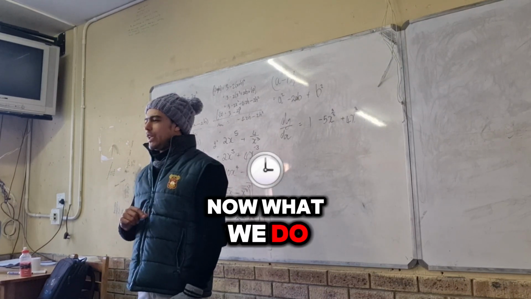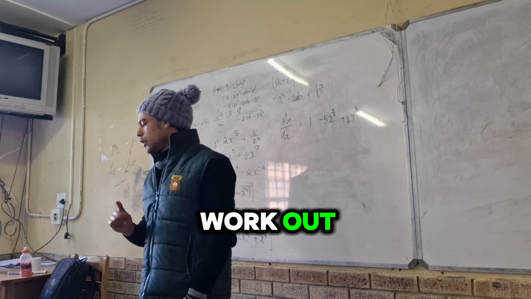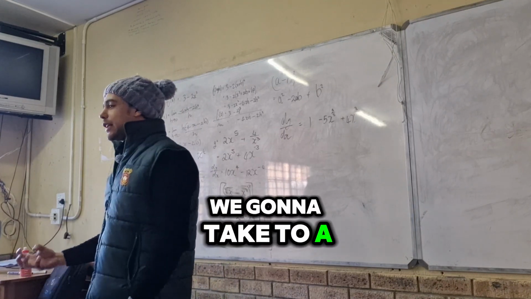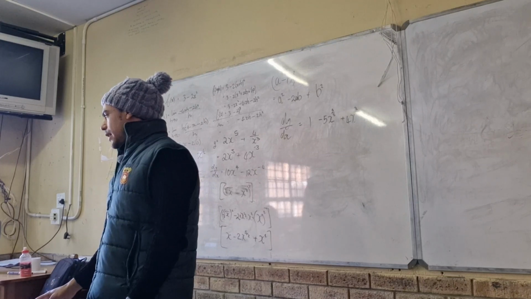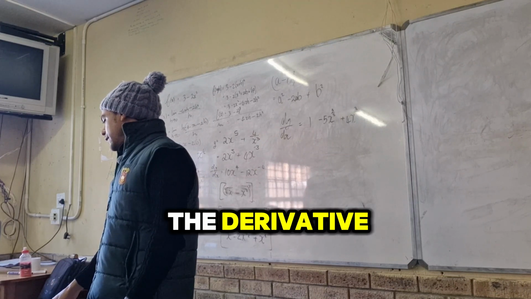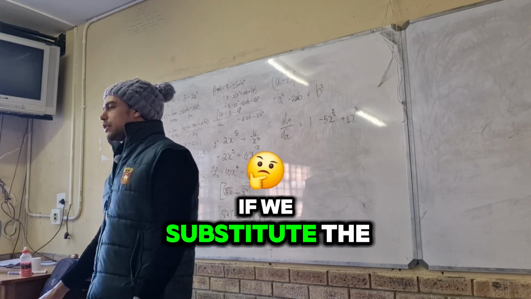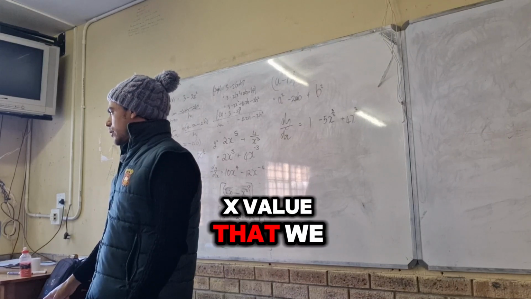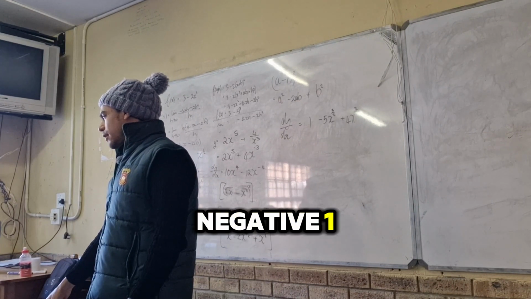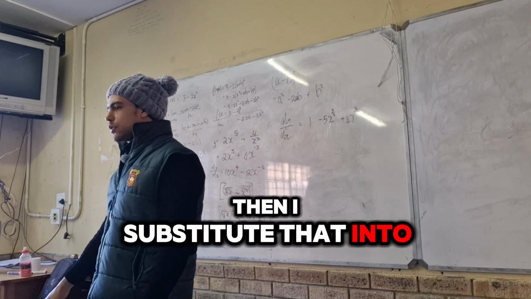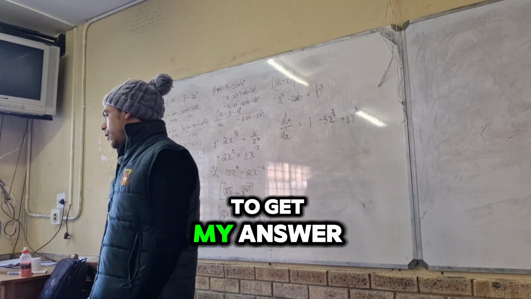What we do is take the given function and determine the derivative. Once we have the derivative, we substitute the given x value, which is -1, into the derivative and then I get my answer.